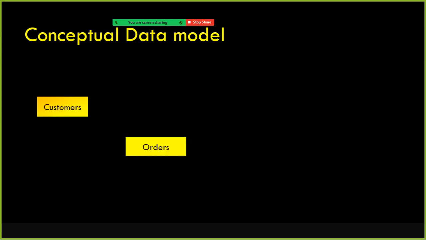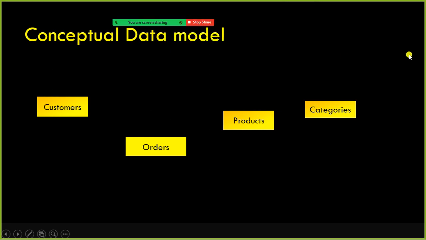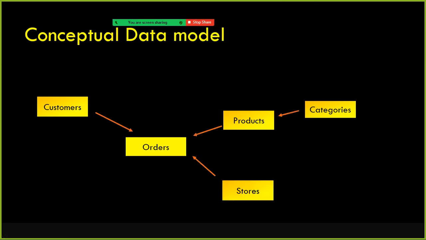You need to represent the business facts as part of your data model. For example, a customer places an order, products appear on your orders, the products fall under categories, and the customers order products across categories, across stores.